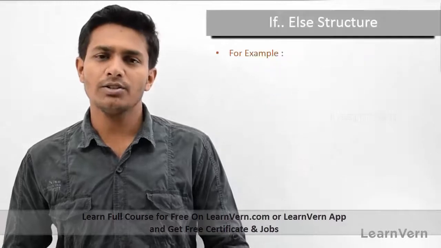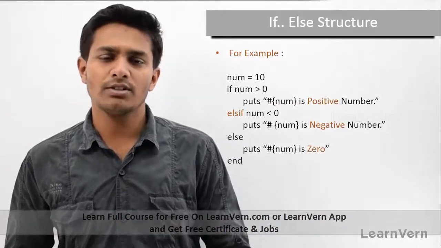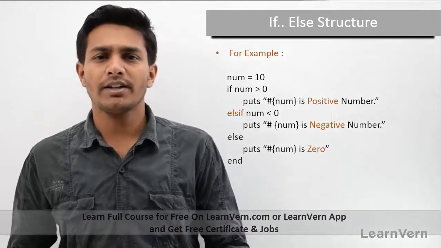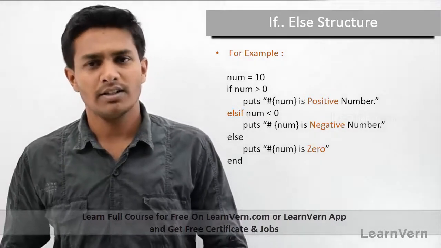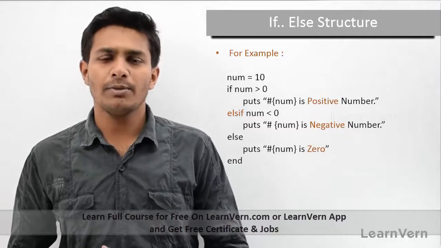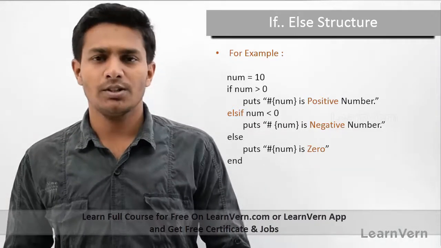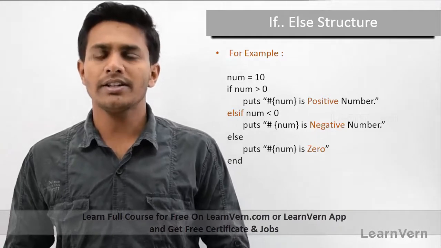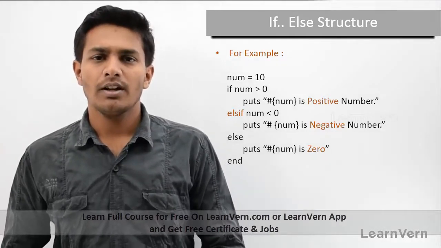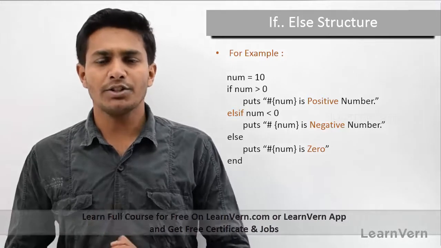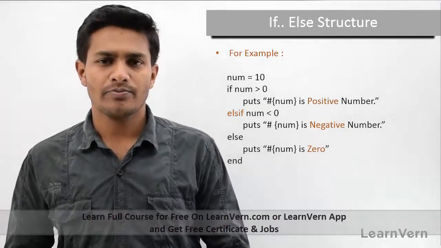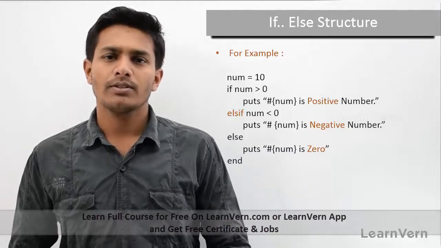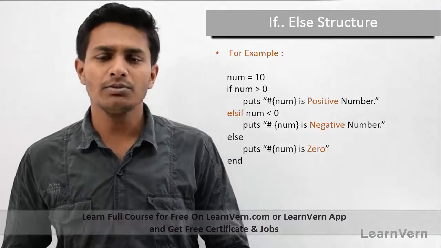Here on the screen you will also see an example of the if-else statement. I have taken a number and assigned a value 10, and I have checked if the number is greater than 0. If yes, it will print that it is a positive number. I have taken a second condition, elsif, in which I have put a condition number is less than 0.